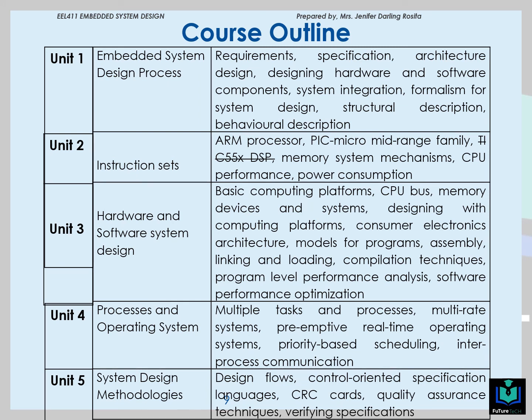Okay, so these are the 5 units. Out of these 5 units, each and every unit will be a bit clumsy. That means it has more things for you to read. When you come to understanding, if you read 10 lines, you can write 5 lines.